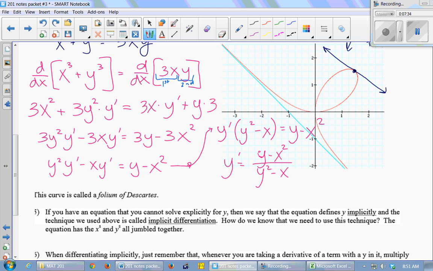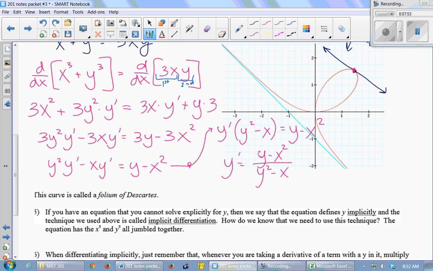Yeah, that's the one additional thing you need when you do implicit differentiation: you need the coordinates. You need both coordinates of that point of tangency, not just the x coordinate. Right.